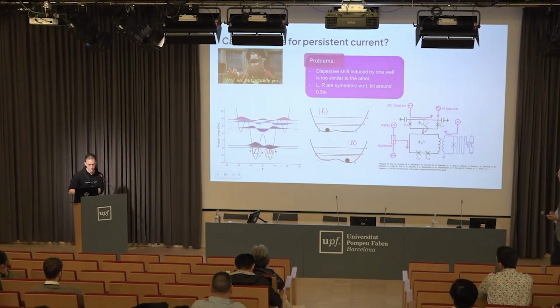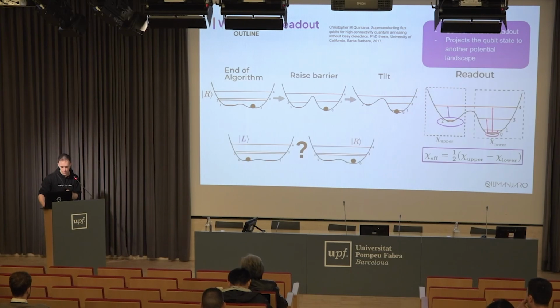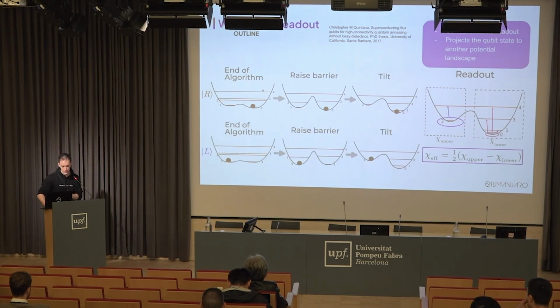You could say, when you do this you have the same probability of both states, so you get 50-50, and that's why you cannot tell. But this is different, because if you start your algorithm here, you have a superposition of these two, and you want to read out the persistent current basis. Then you would tilt, and depending on whether you're here or here, you would read out and get one or the other.